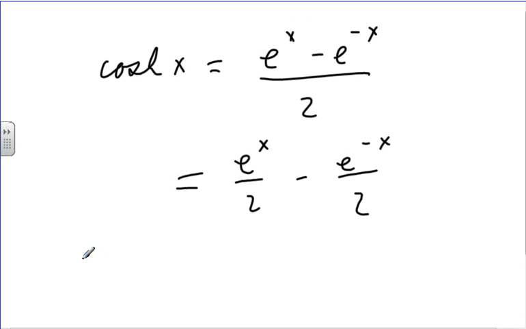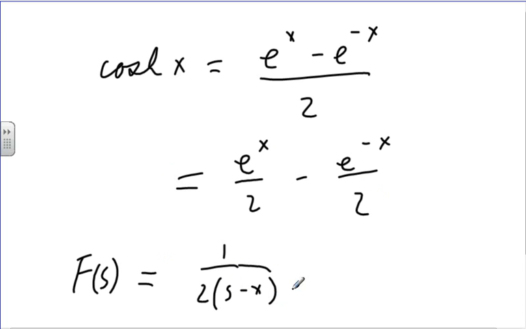And so the Laplace transform of the hyperbolic cosine is going to be this guy plus that guy. We already solved those, right? So that's going to be 1 over 2 times (s minus 1) plus 1 over 2 times (s plus 1). And now we find a common denominator and add it together and we get what's there. So we already did it. You just didn't know you did. All right, well, that was simple.